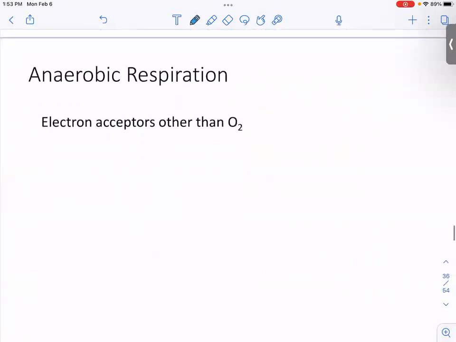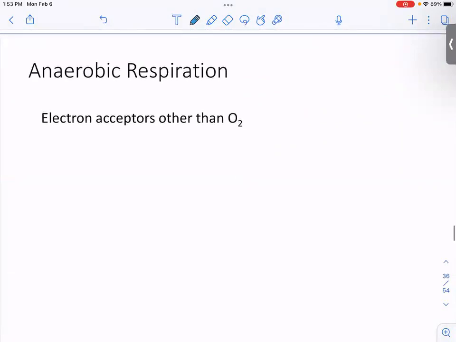Okay, so we were speaking primarily to aerobic respiration. What are some differences with anaerobic respiration? It's a lot of similarities. The glucose is going through the glycolysis pathway and the Krebs cycle, only modified a little bit, with a little bit of a modification of the electron transport chain.